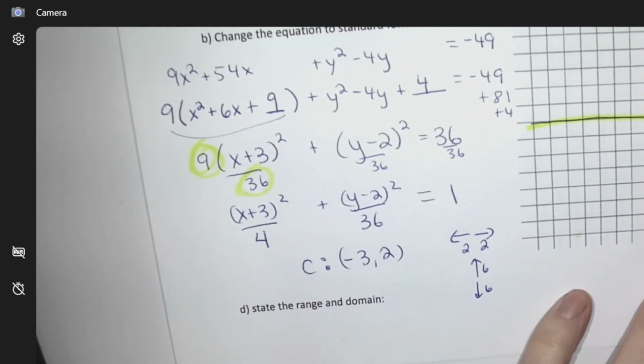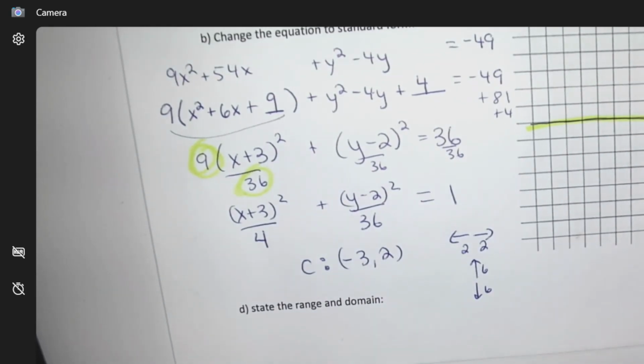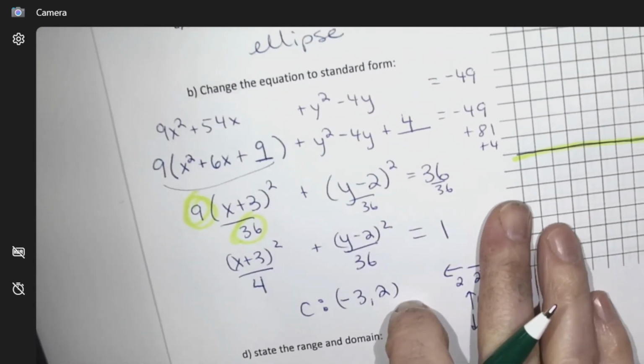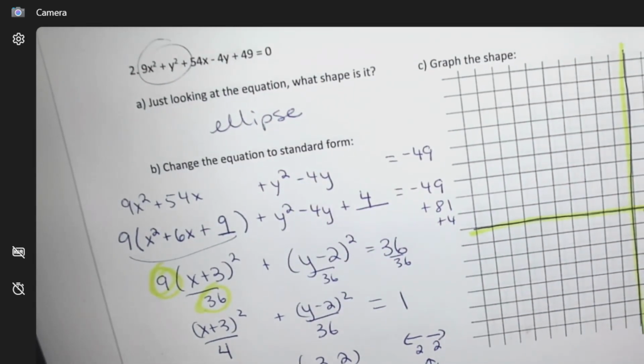Okay, I'm not drawing my axis right smack in the middle because of the -3. I'm just going to put it that way a little bit.